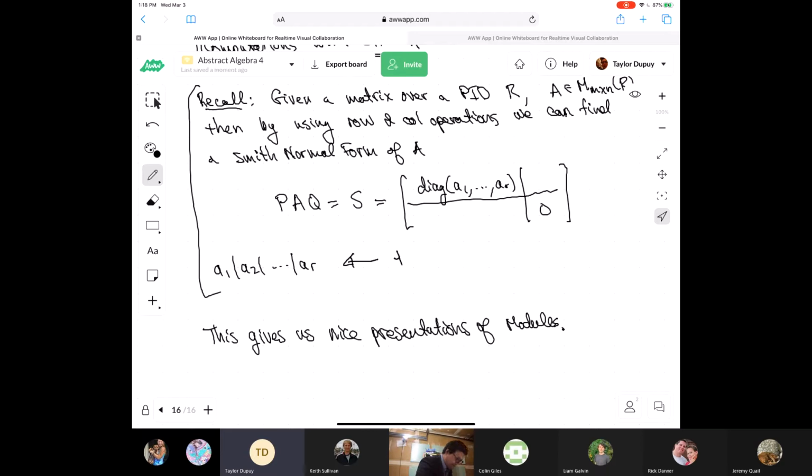The first couple can be ones. I guess there's a difference between the matrix version and the module version: when you have a 1, it just kills that generator, right?